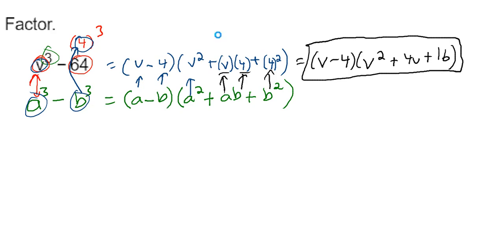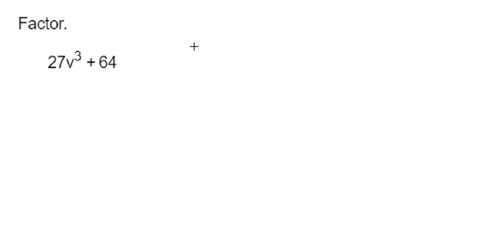All right, let's take a look at another example. We have 27v to the third power plus 64. So again, I want to rewrite both of these as something to the third power. We already talked about 64 in the last problem. 64 is 4 to the third power. For 27v to the third power, to get the 27, I need to have 3 here. 3 raised to the third power gives me the 27.